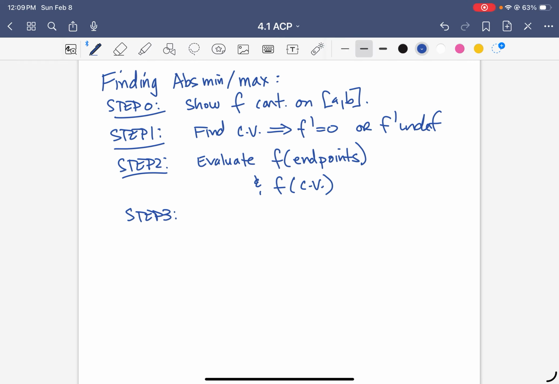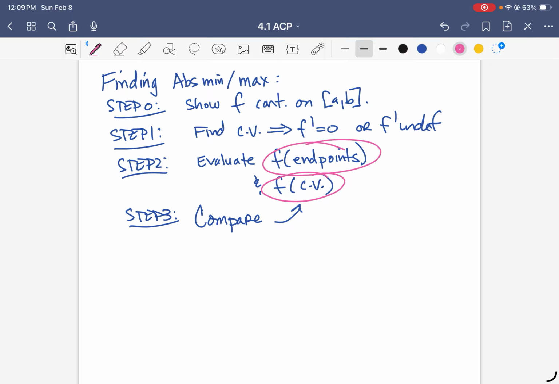Then step 3 is to compare. Compare what you got from the endpoints and the critical values.